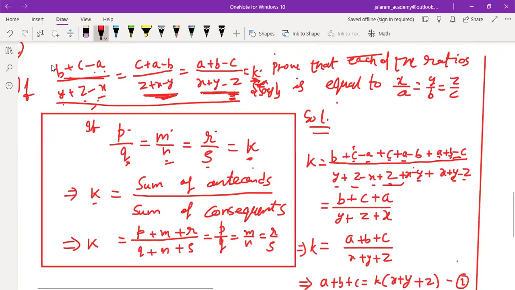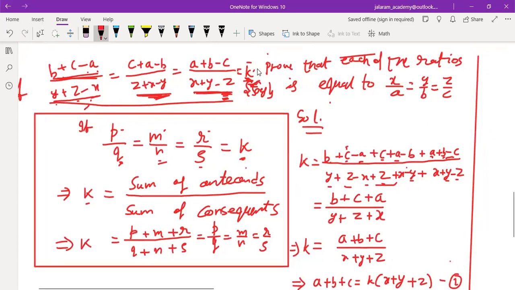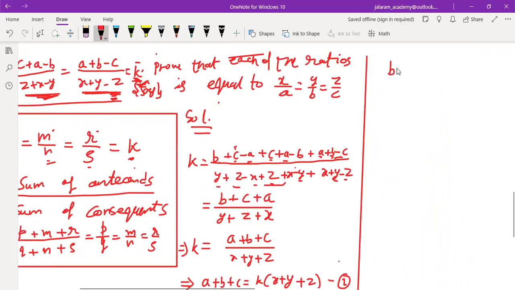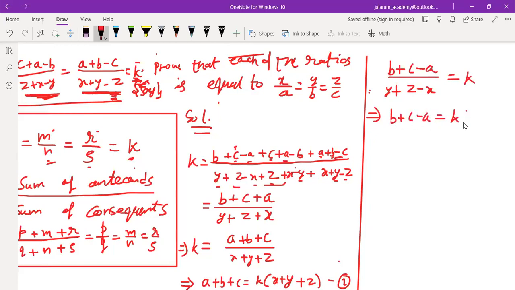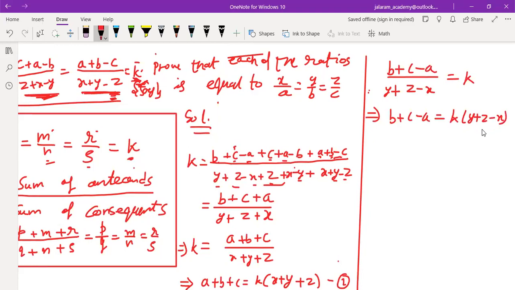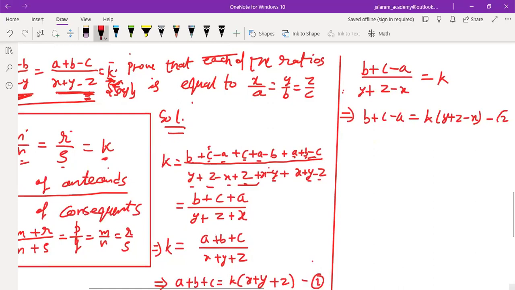Similarly, the first ratio, (b plus c minus a) upon (y plus z minus x), is also k. So we compare it also with k and cross multiply it. On cross multiplying, it will give b plus c minus a equals k into (y plus z minus x), and take it as equation number 2.